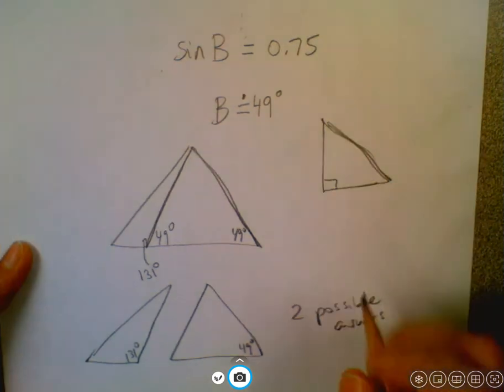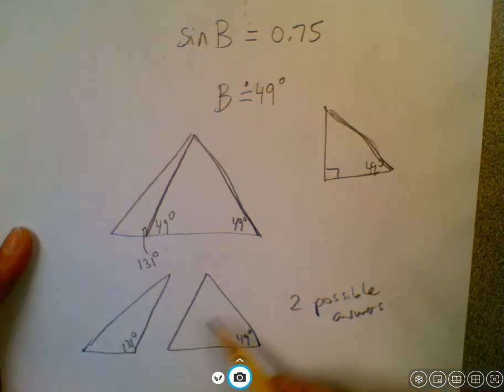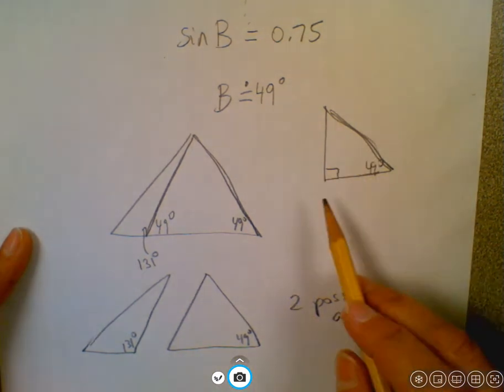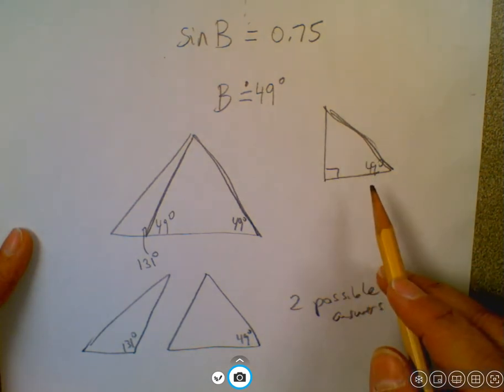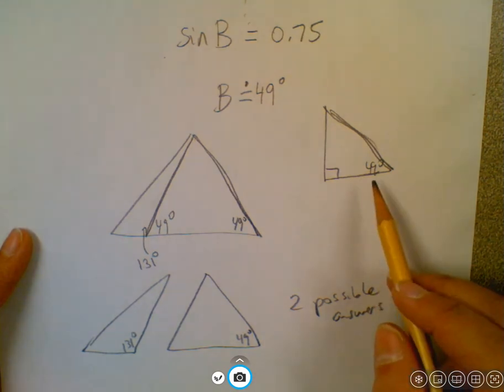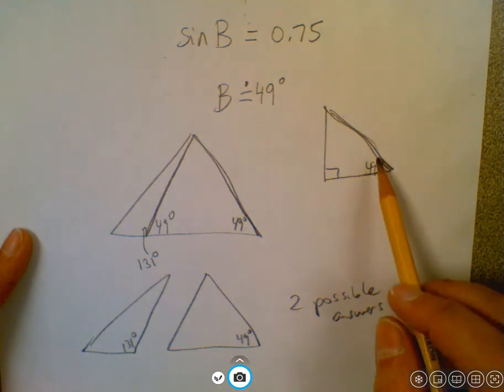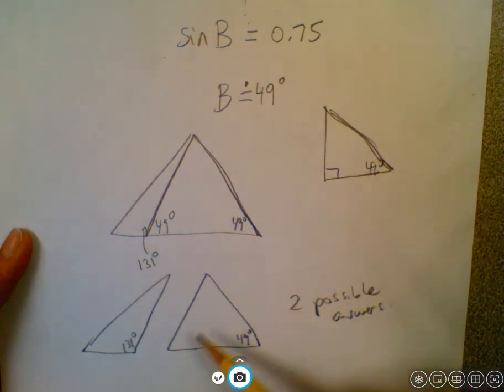So if you had this angle as 49, there's nothing else that it could be, because the other possibility is this obtuse one. And you can't have an obtuse angle in here. Okay, so it won't happen with right angle triangles. It'll only happen with triangles that are not right angle triangles. That could happen, that you have an acute answer and an obtuse answer.